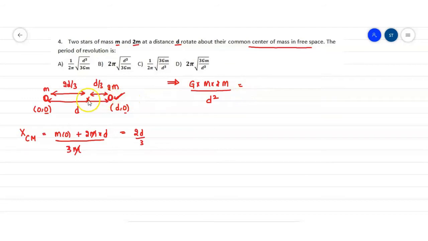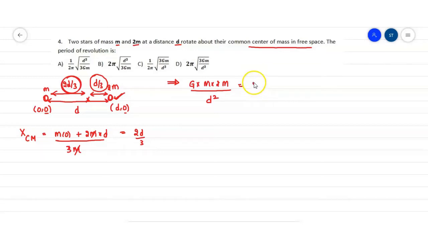Here the radius of rotation of 2m will be d by 3 and the radius of rotation of m will be 2d by 3. As we are talking about 2m, here the radius has to be d by 3. So this will be equal to mv square by r, or we can take it as m r omega square.